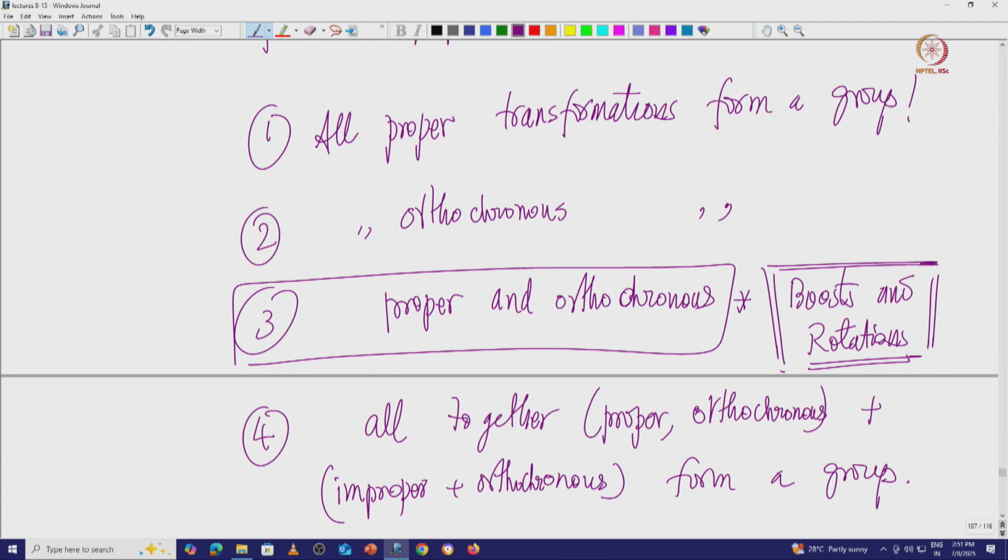This group contains the boosts and rotations, and this is what we are interested in. Altogether, proper, improper, and orthochronous also form a group. So these are the various subgroups of the Lorentz group, and in terms of the transformations, we can classify them as proper, improper, orthochronous, or non-orthochronous sets of Lorentz transformations.